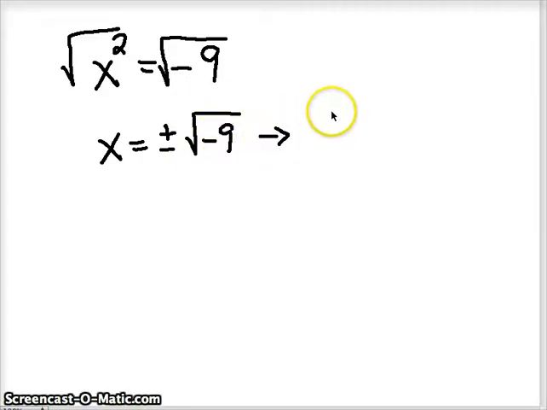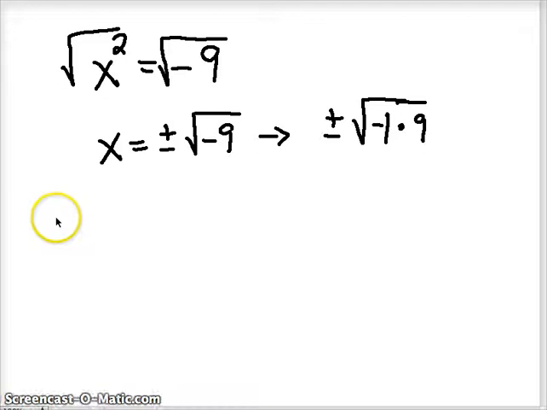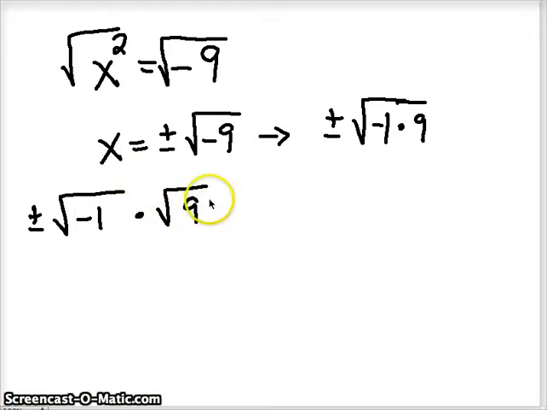Let's rewrite that as plus or minus the square root of negative 1 times 9. Let's keep rewriting here. We'll start skipping this step in a little bit, but let's just get used to it for a while. So this is plus or minus the square root of negative 1 times the square root of 9. Let's rewrite the square root of negative 1 as i, so we got plus or minus i.